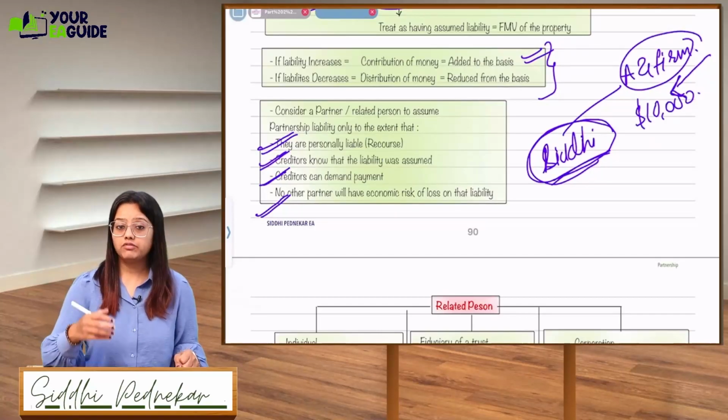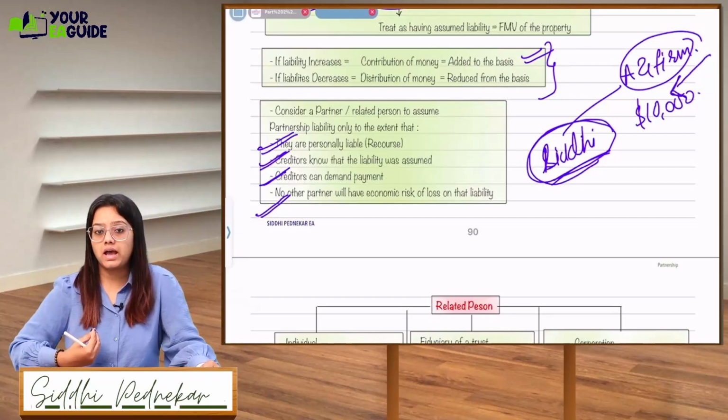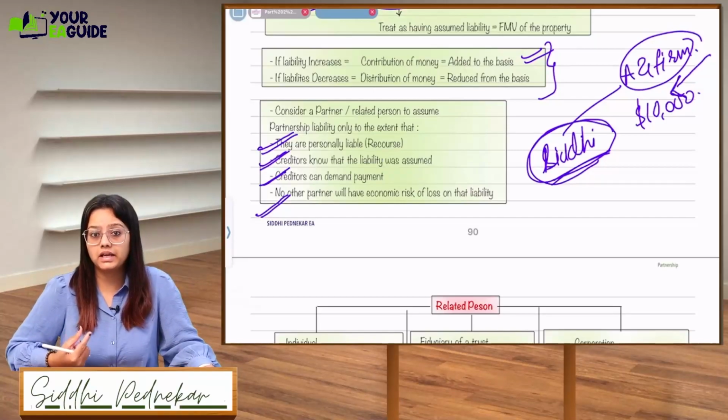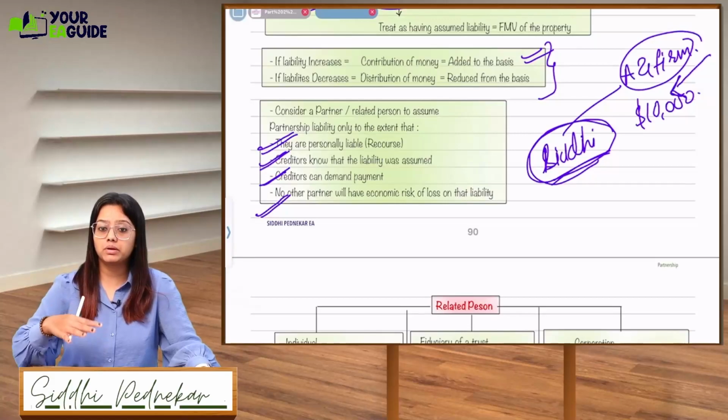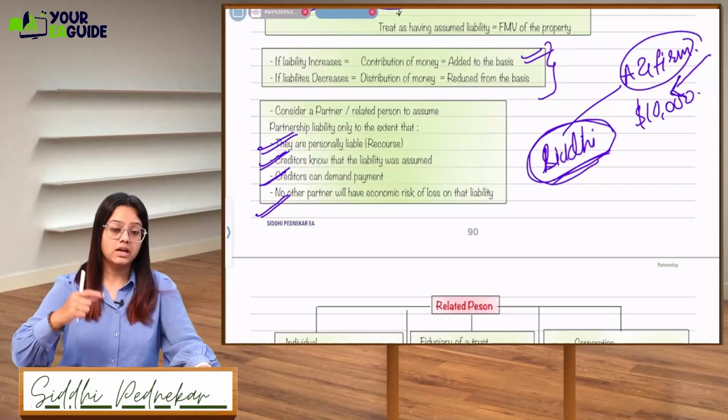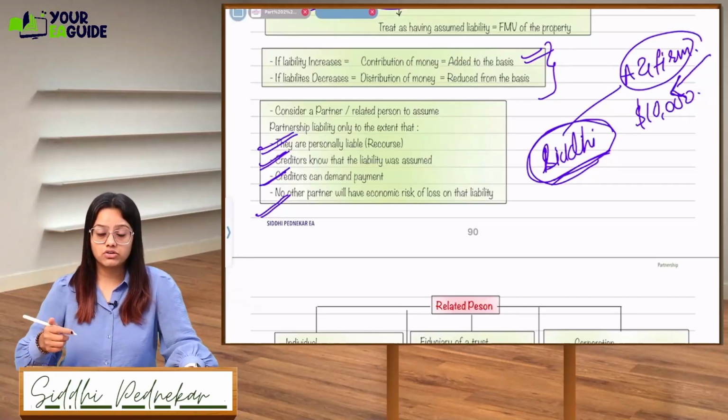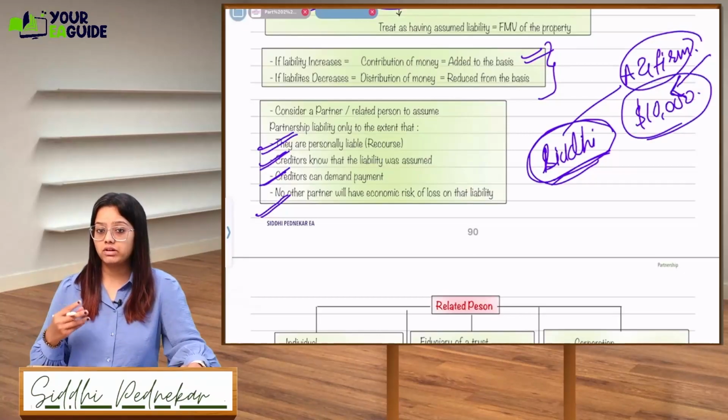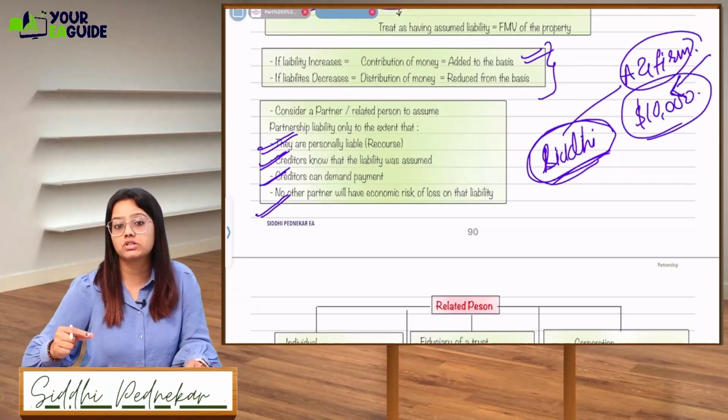In what situation will I be called as having assumed this liability? If I am personally liable, then it will be called a recourse liability for me. There is a difference between recourse and non-recourse. So for this $10,000, I am personally liable, and it will be called a recourse liability for me.